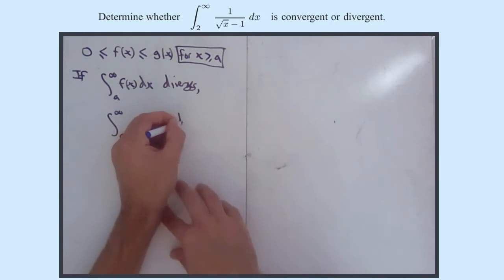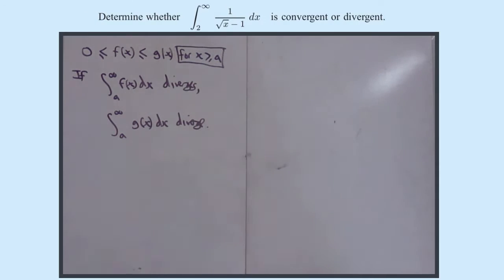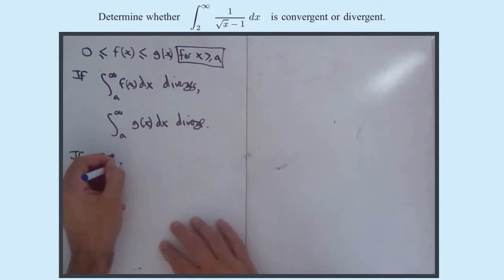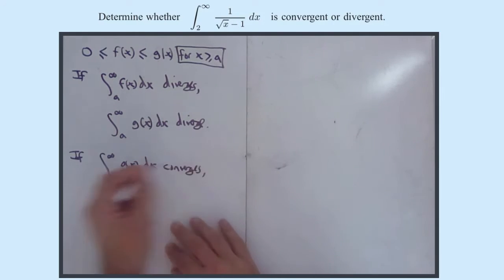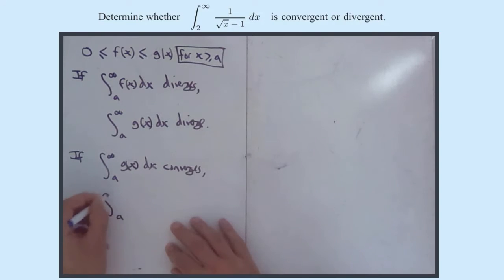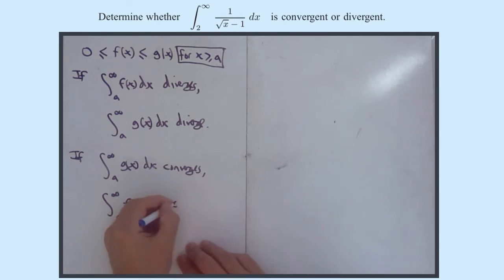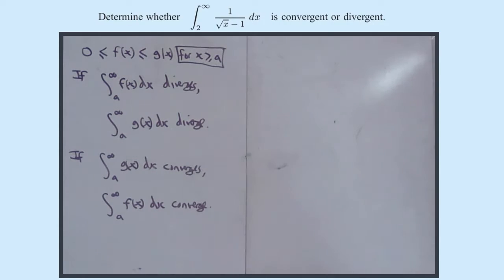And it follows that if the bigger function g of x, the integral between a and infinity of g of x dx, converges, then so will the smaller one, the integral of f of x dx between these same limits. That's the only conclusive part.